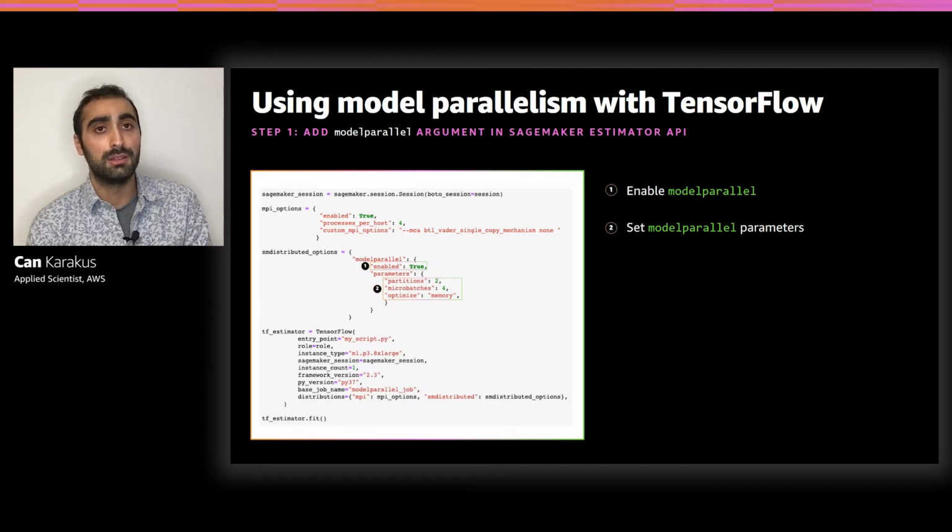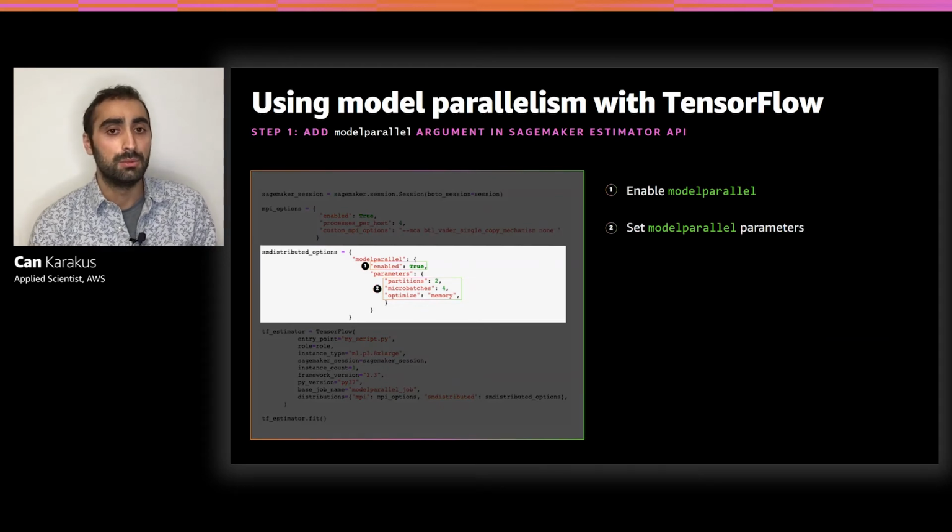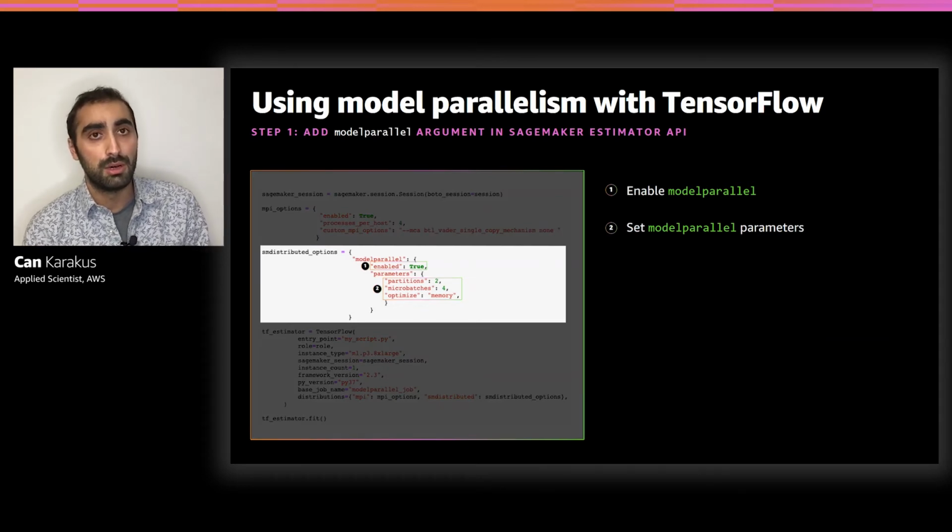Next, let's look at the model parallel parameters themselves. These will be under a key called SM distributed, followed by an inner key called model parallel. And we will first need to enable model parallel by feeding enabled equals true. And then we'll feed a range of parameters to configure our partitioning.